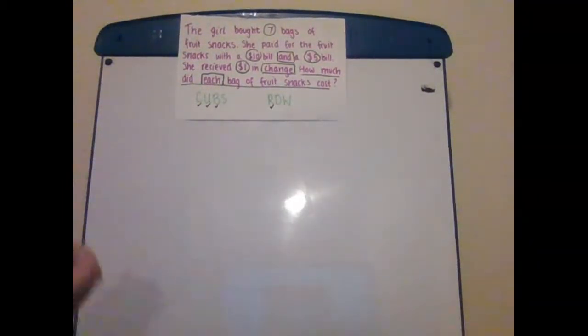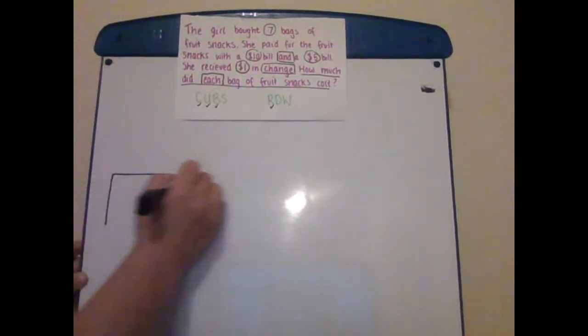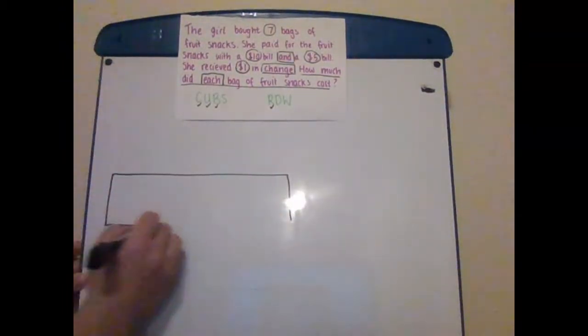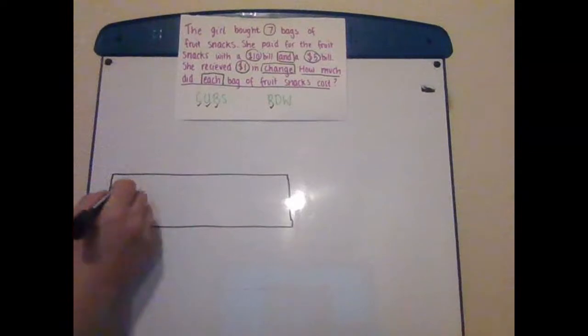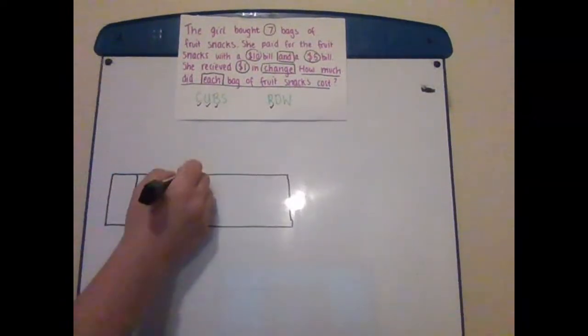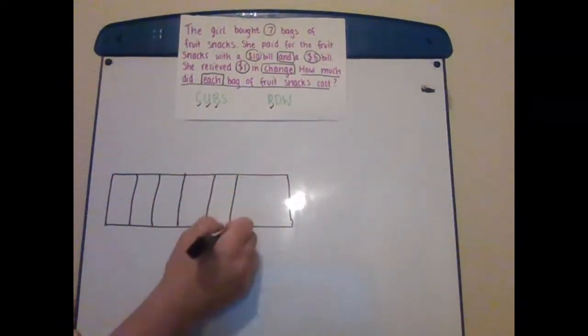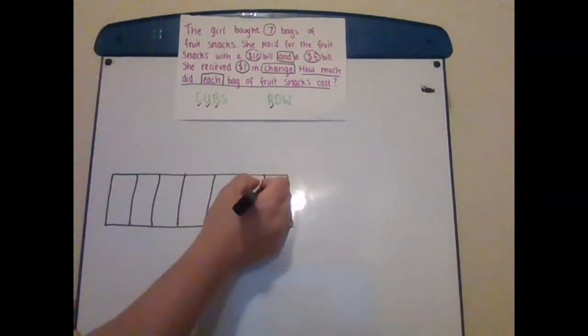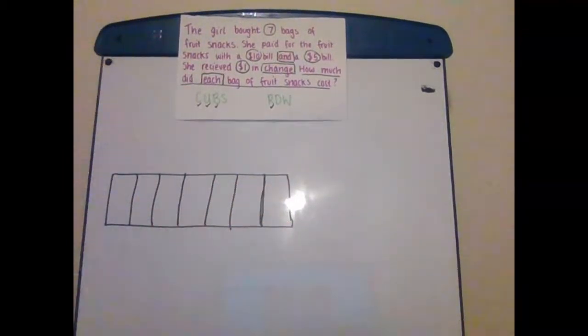So the girl bought 7 bags of fruit snacks, okay? I'm going to make it like a tape diagram. Okay, 7 bags. There's my 7 bags of fruit snacks. Okay.